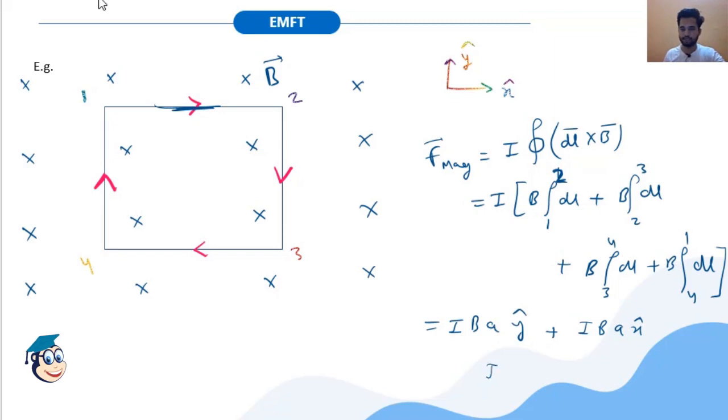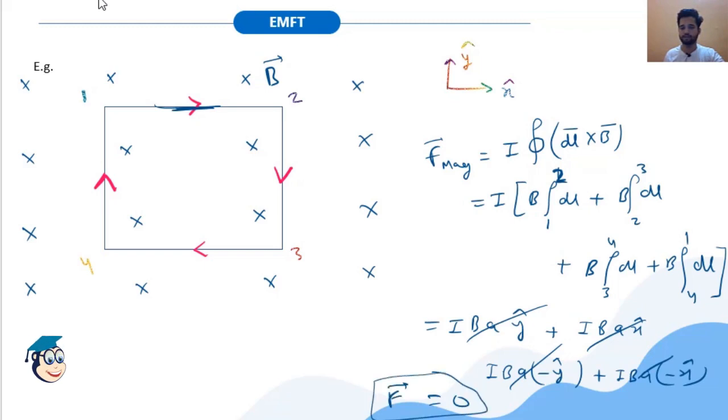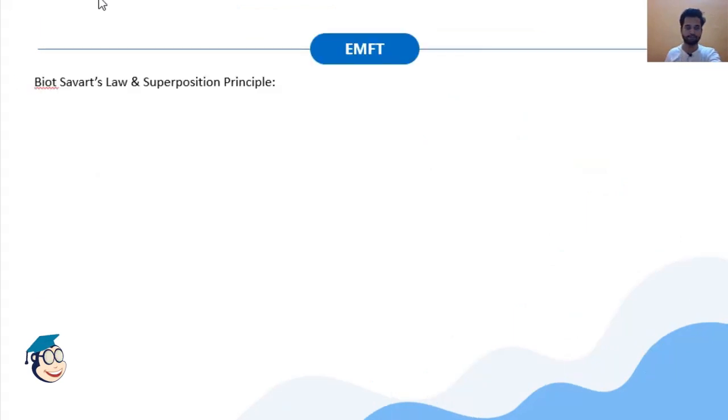So I B a minus y cap plus I B a minus x cap. So this will cancel, this will cancel. So the net force will be equal to 0 on this wire. There is no net force on the wire inside the magnetic field B. Okay, so this was an example.